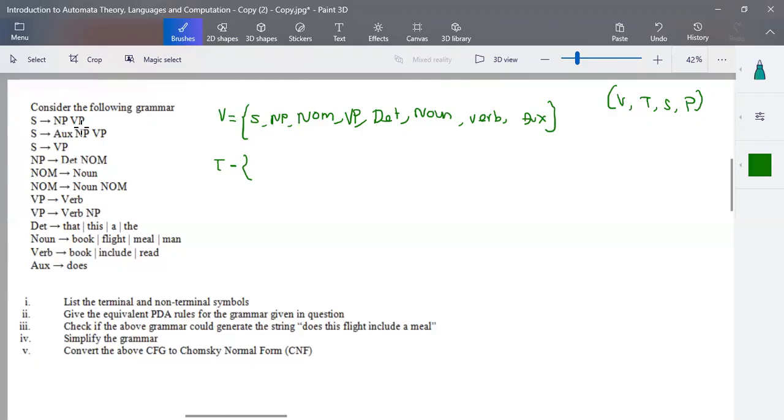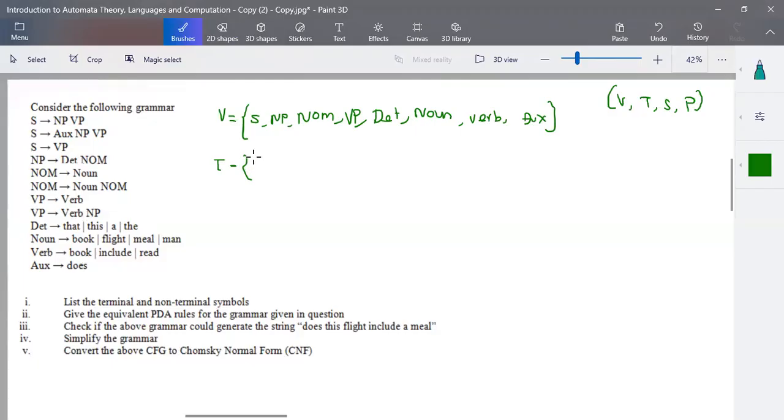See, S tends to NP VP. We know NP and VP are non-terminals. AUX is also a non-terminal, also a variable. So all your VP, DET, NOM, noun, all these things are variables. And here you have that, this, a, the. So all these things are terminal symbols, so they are not included in the variables.